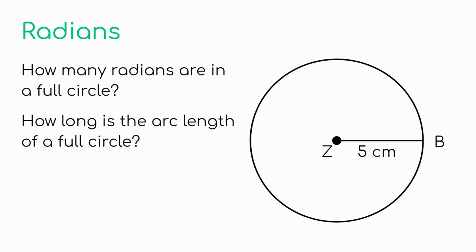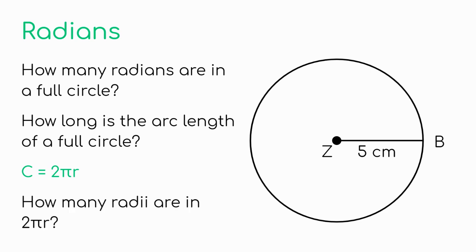How long is the arc length of a full circle? Hopefully you remember, right in the beginning of arc length, we talked about the length all the way around a circle, and that's called circumference. The circumference of a circle is 2 pi r, 2 times pi times the radius. So if we want to know how many radians are in a full circle, we have to know how many radiuses are in 2 pi r.